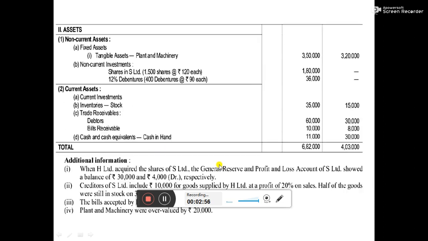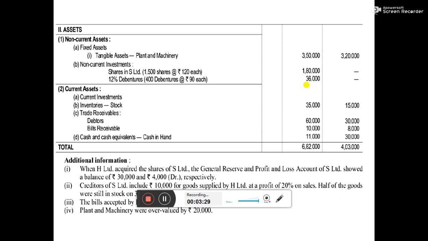We will see in non-current investment, 12% debentures, H Limited is having 400 debentures of S Limited. The value is 36,000, at rupees 90 each, which basically means that a 100 rupees debenture they have taken for 90 each. So the value H Limited was supposed to pay was 40,000, 400 into 100 each, but they have only paid 36,000.